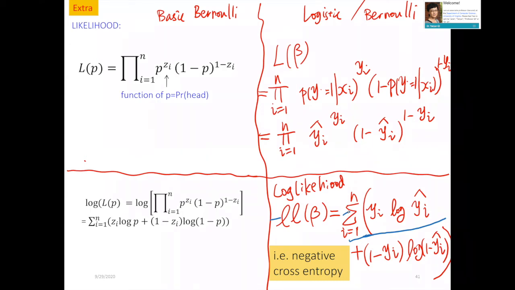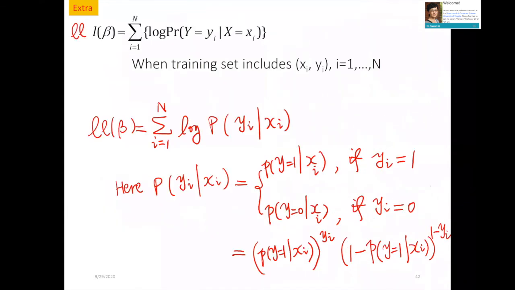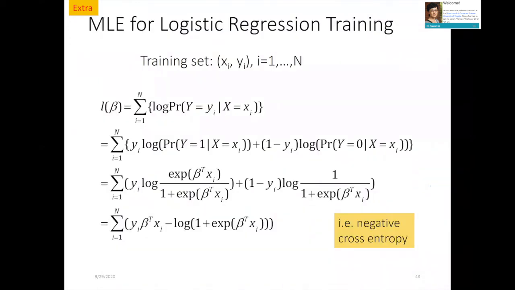This is exactly cross-entropy. If you ever took a class in information theory, you can very easily see the connection of entropy to this cross-entropy. Doing the same derivation, this is what you get: the log likelihood that you need to maximize for logistic regression in training.